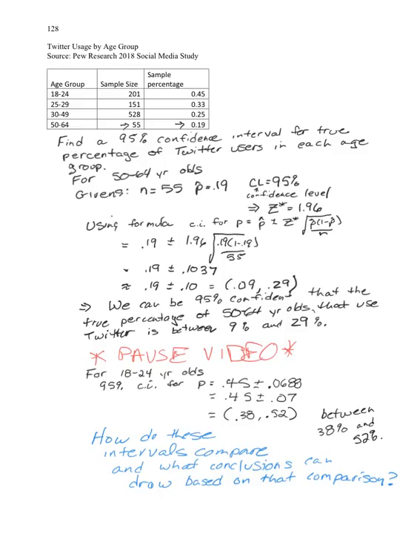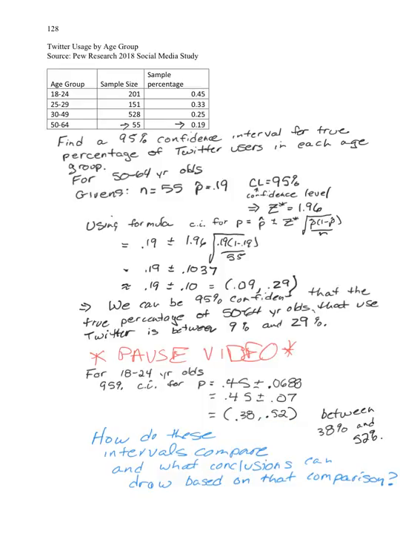So the math for the 18 to 24-year-olds, when you plug everything in, comes out to 0.45 plus or minus 0.07 for a margin of error, or an interval between 0.38 and 0.52.